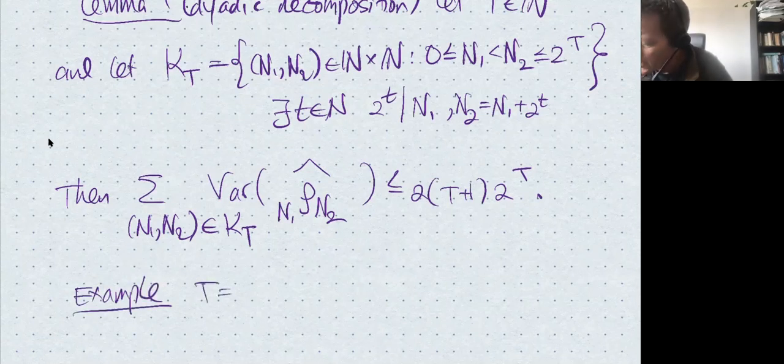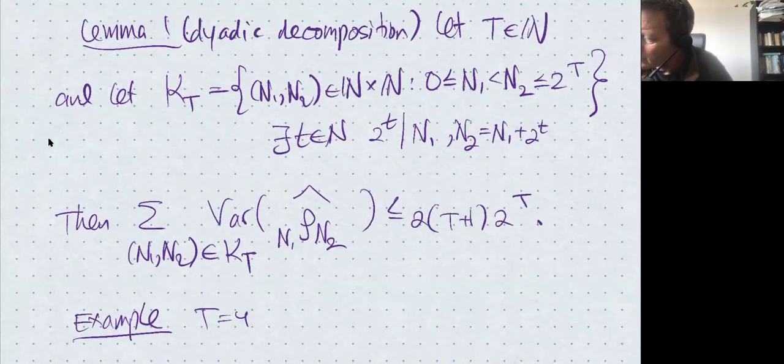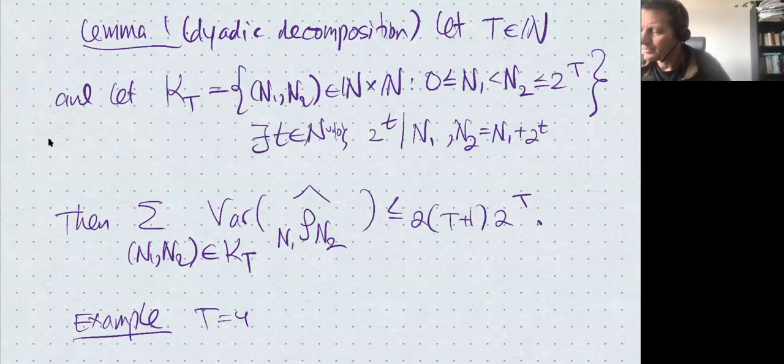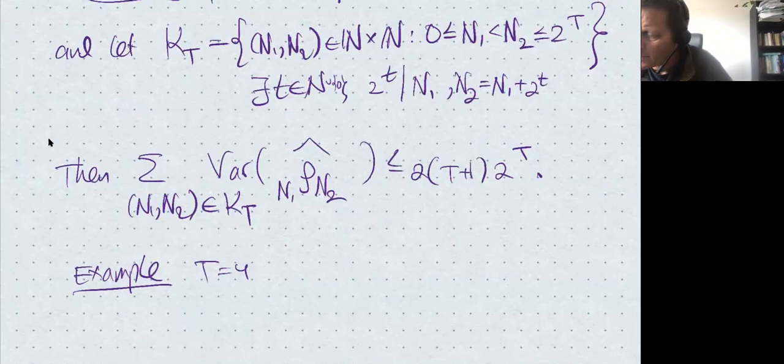Suppose t is 4, say. So 2 to the t here is 16. I'm sorry, little t can also be 0. So if t equals 4, I go over all the possible little t's that appear here.